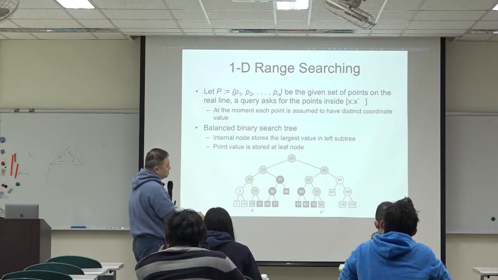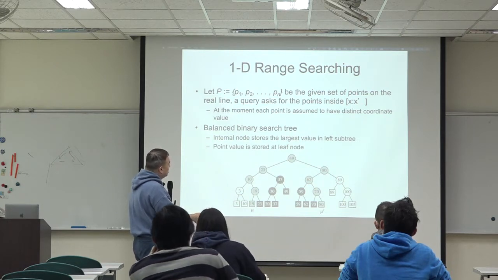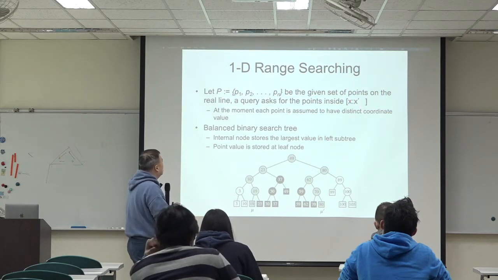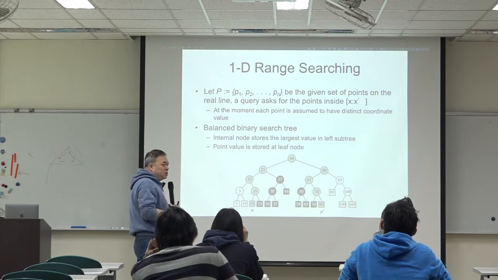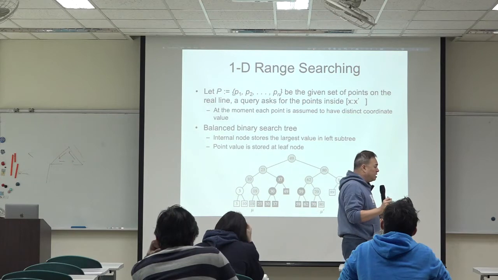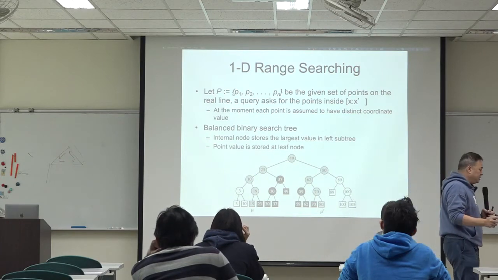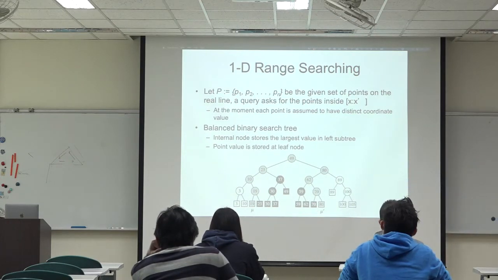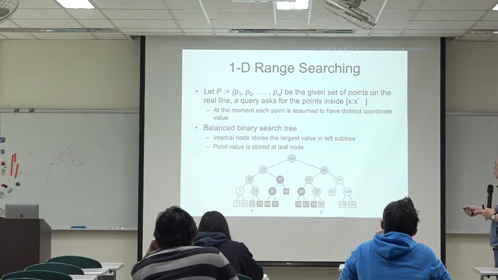Of course, x prime is greater than or equal to x. At this moment, let's consider non-degenerate cases. What do I mean by non-degenerate cases? We assume each point has a distinct coordinate value. Each point has a different value.